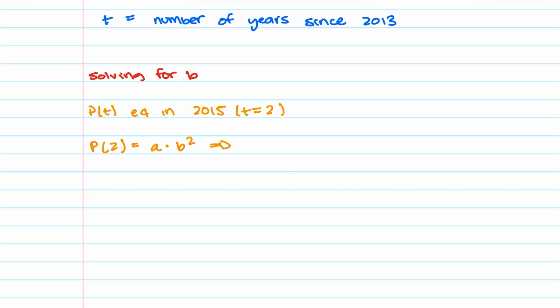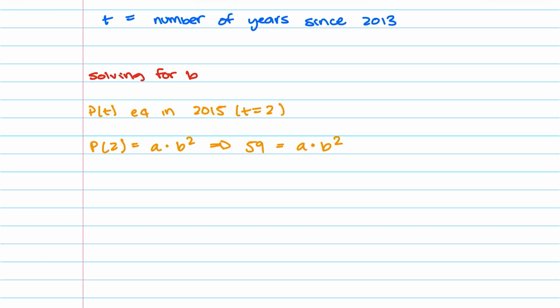Now, we know that during the year 2015, designated by t is equal to 2, there were 59 plants. And so we can replace p of 2 with 59, and our equation becomes 59 is equal to a times b to the second power. Now, with this equation alone, we don't have enough information to solve for either a or b.